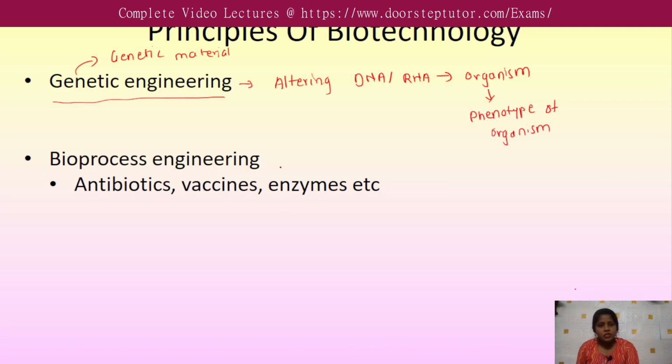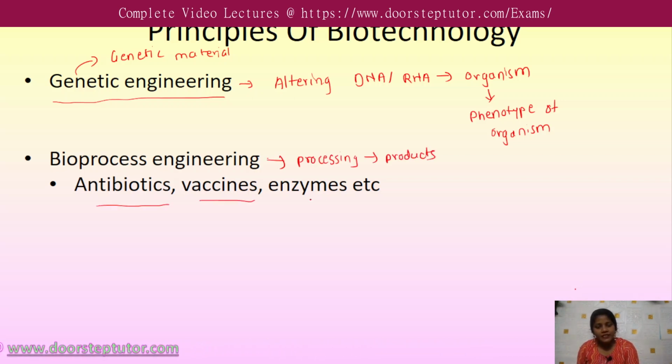Then bioprocess engineering. Bioprocess means we are processing something to make certain products such as antibiotics, vaccines and enzymes. But what are we processing?